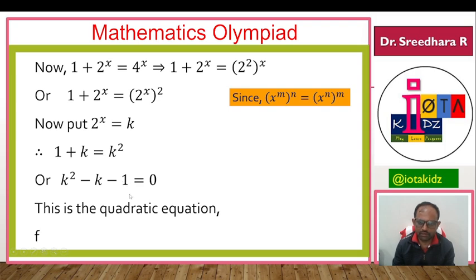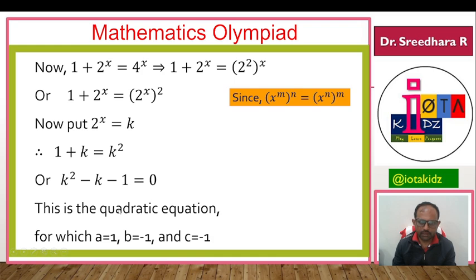So for this equation, a is equal to 1, b is equal to minus 1, and c is equal to minus 1.